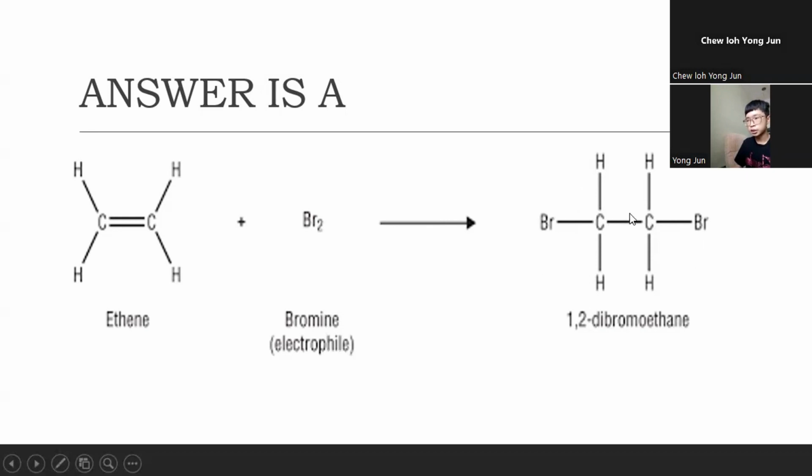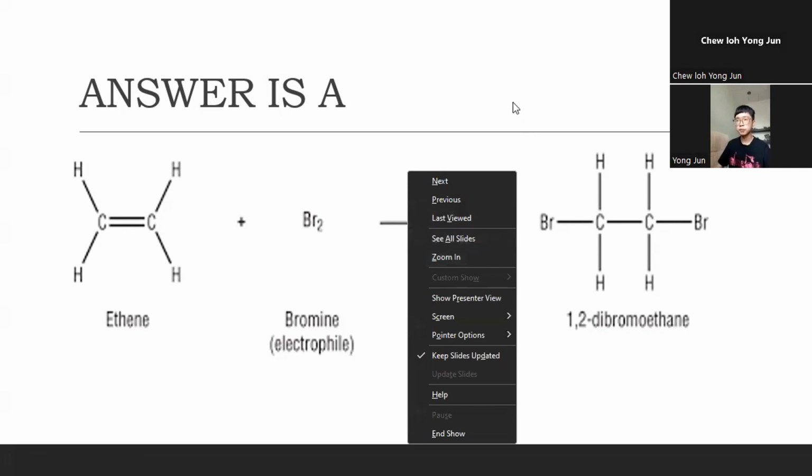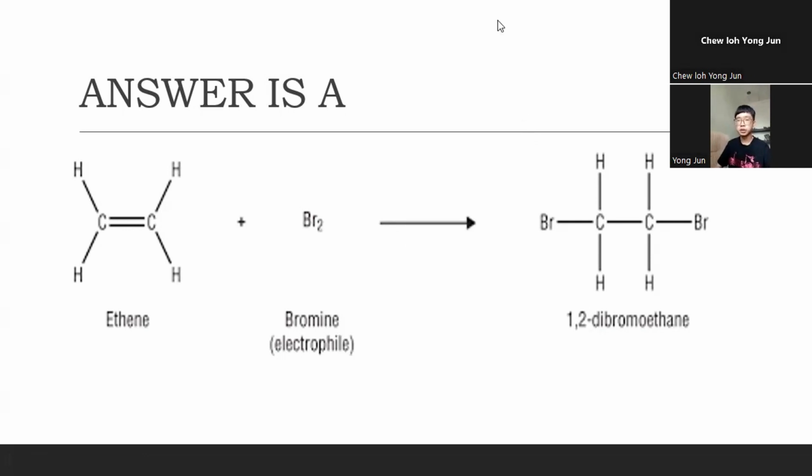You can see the double bond is broken, so there will be two more bonds here with bromine atoms, and we form a stable compound here. So yeah, that is all from me. I'll leave the group leader to edit.